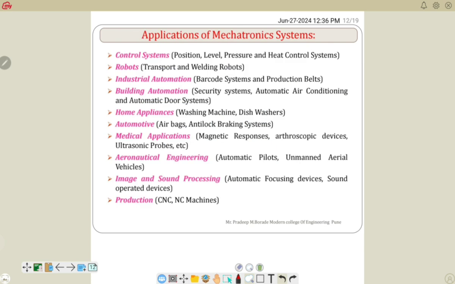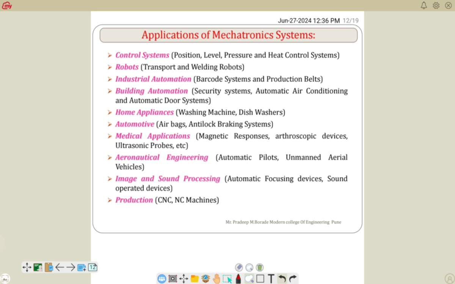Now, applications of mechatronic systems. In our daily life, we are using various mechatronics applications. There are some gadgets which are manufactured by or controlled by this mechatronics system.